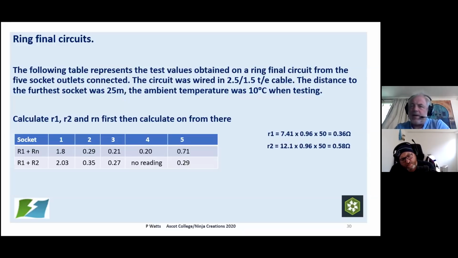We can now calculate the R1 plus Rn and the R1 plus R2. R1 plus Rn, well, we've got 0.36 and 0.36. If we add them together, it's 0.72. So R1 Rn, divide that by 4, 0.18. So the value of R1 Rn should have been 0.18.